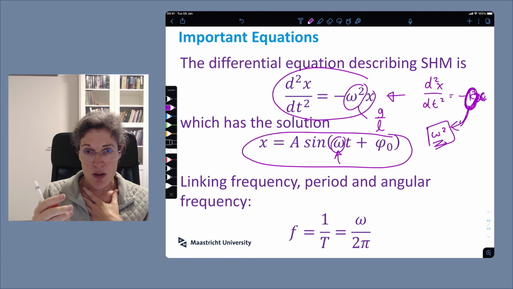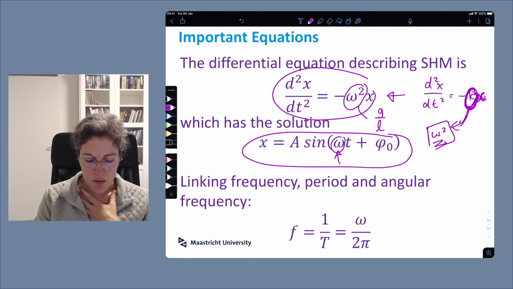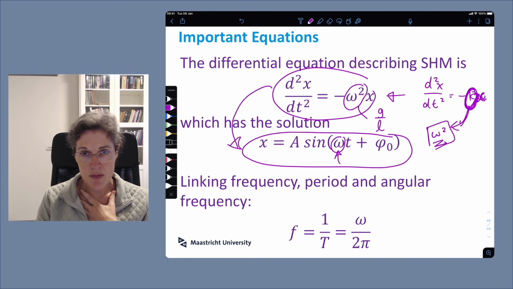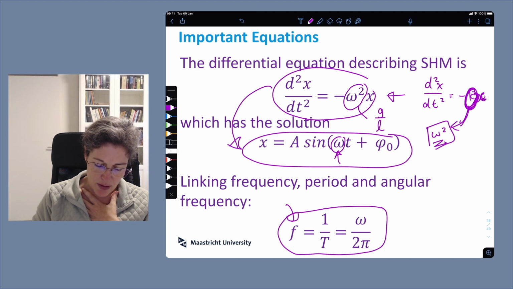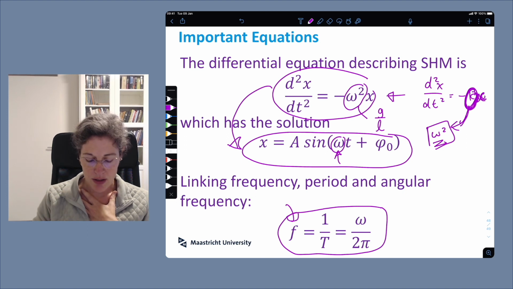All right, so you need to know how to solve this differential equation. And by solve, I mean figure out that you need a sine wave and how to find your omega. You also need to be able to convert between our normal frequency, so cycles per second, and our period and our angular frequency.